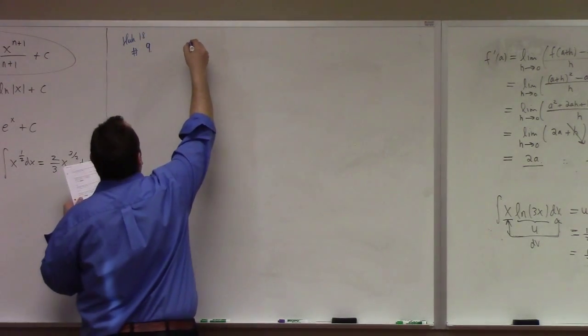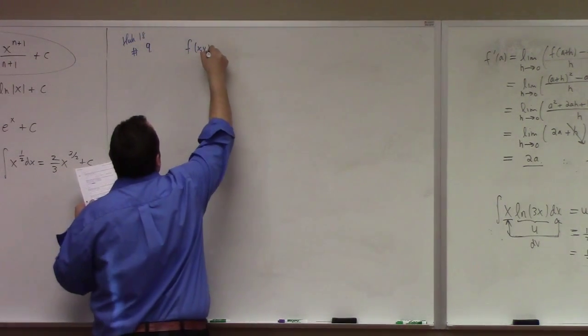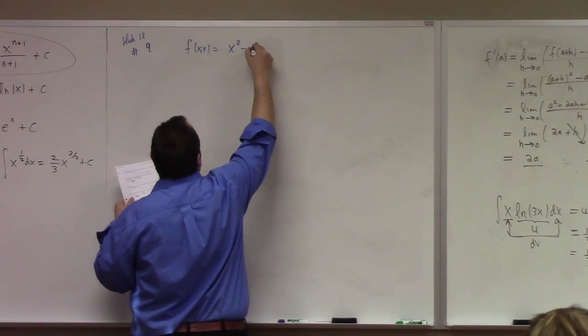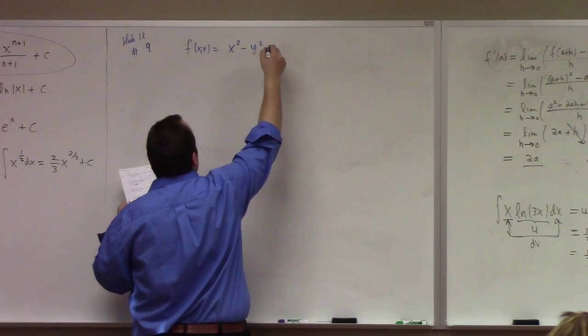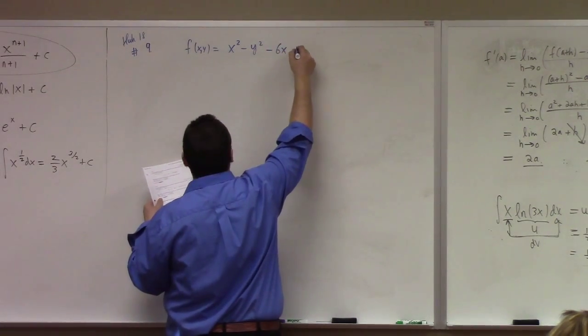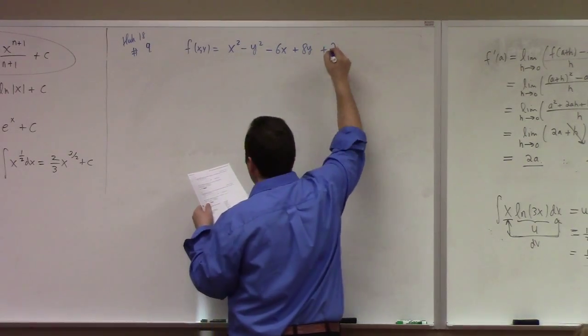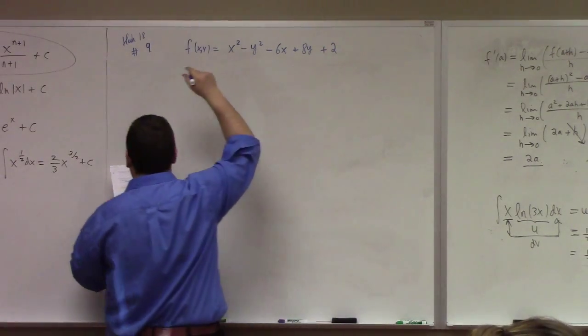So here we have f of x y equal to x squared minus y squared minus 6x plus 8y plus 2.